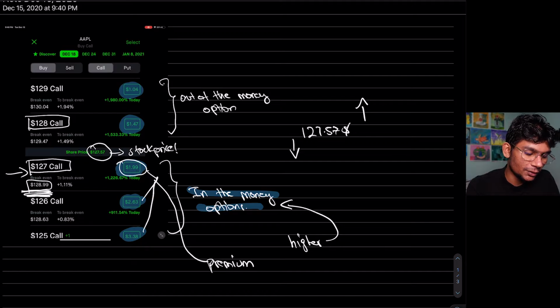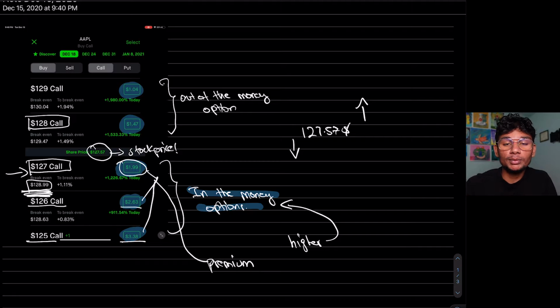You can see for the 127 call, it's only $200. For the 126 call, it's almost $263. The 125 call is $338. So the lower you keep going, the more and more it's going to cost you to buy this contract.